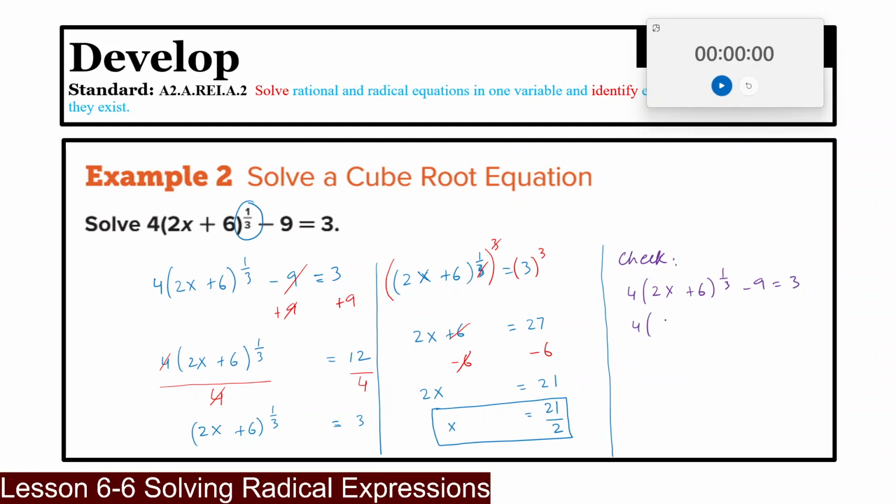I'm going to replace what I have. I have 2 times 21 over 2 plus 6 raised to 1/3 minus 9 equals 3. This 2 cancels out this 2. So I'm left with 4 times 21 plus 6 minus 9. This is raised to 1/3 minus 9 equals 3.